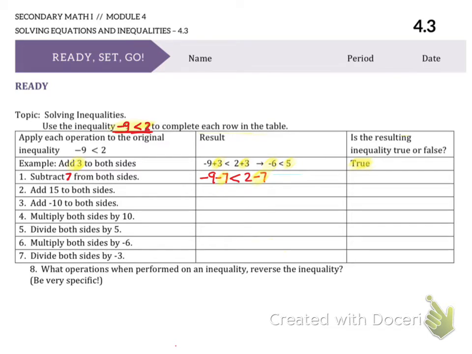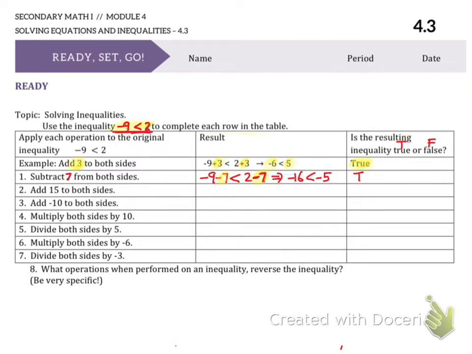So -9 minus 7 is -16, which is less than 2 minus 7, which is -5. And as -16 is less than -5, that's true. I'm just writing T for true and F for false. Let's move to the other one.